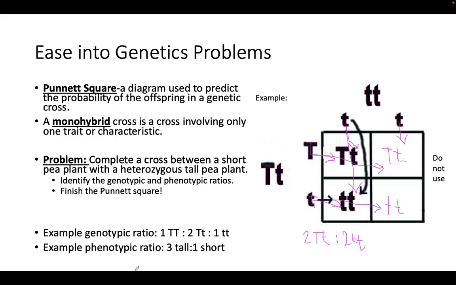Okay. And our phenotypic ratio for this particular problem would then be 2 tall, because 2 of them have the dominant, and 2 short, because 2 have both little ones.